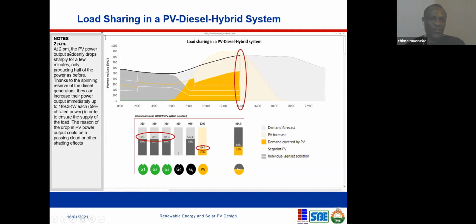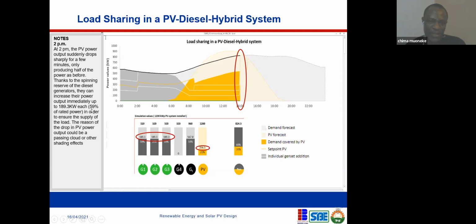At 12 p.m., the PV power output suddenly dropped sharply, for a few minutes only producing half of the power as before. Thanks to the spinning reserve of the diesel generators, they can increase their power output immediately up to 189.3 kilowatts.